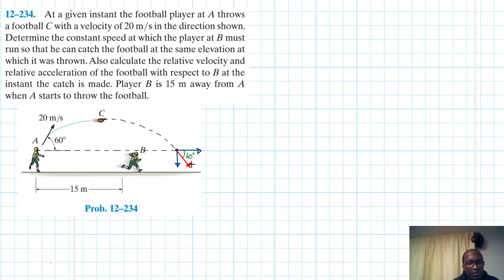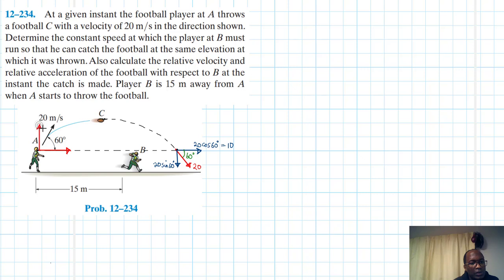This magnitude here is 20 meters per second. This one is going to be 20 cos 60, which is just equal to 10 because cos 60 is 0.5, and this is 20 sine 60. I will have some components there, like so.